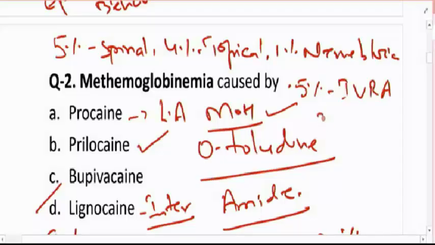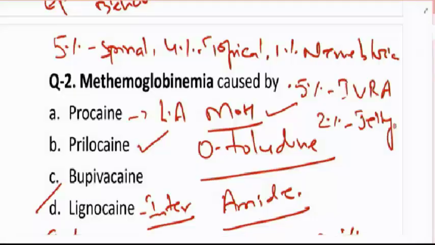2% jelly is used for urethral procedures. For example, you have to put a Foley's catheter or do a cystoscopy, then you apply 2% jelly. Again, what is the maximum safe dose of lignocaine?